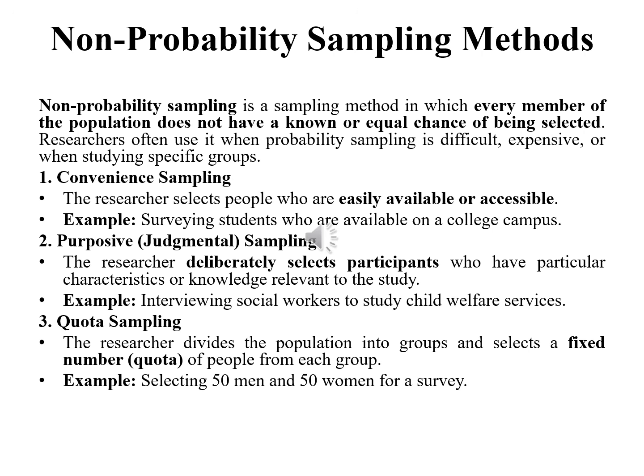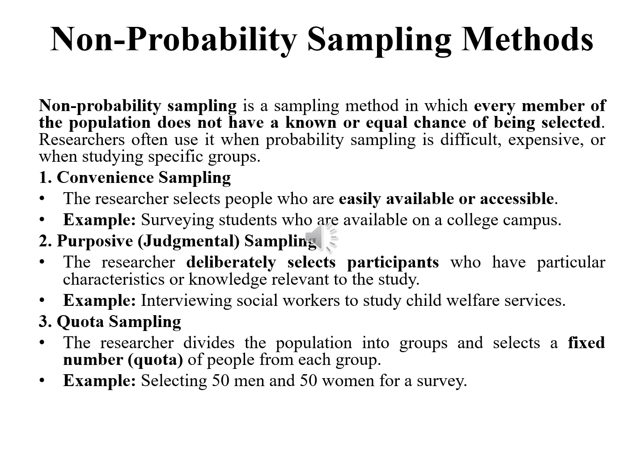Let's understand non-probability sampling with its different types. Non-probability sampling means that every member of the population does not have a known or equal chance of being selected. There are different methods. Let's understand these. The first is convenience sampling.